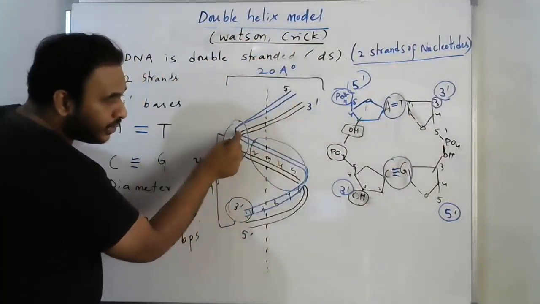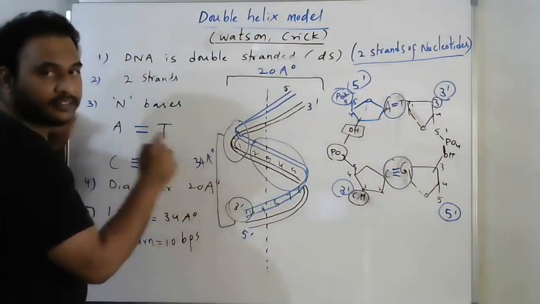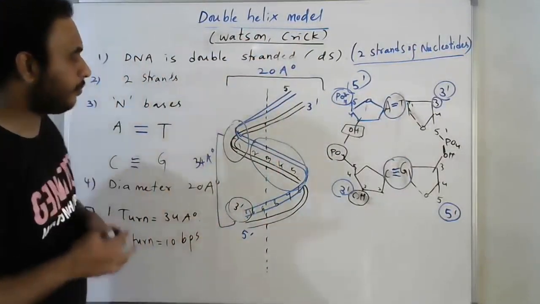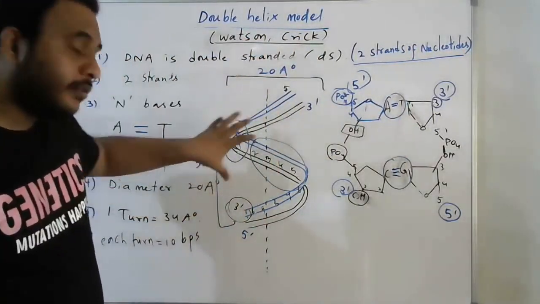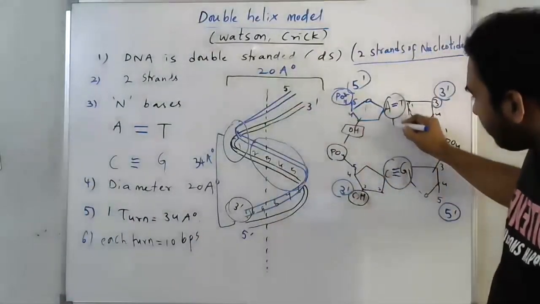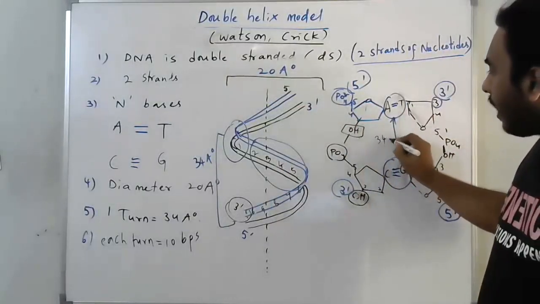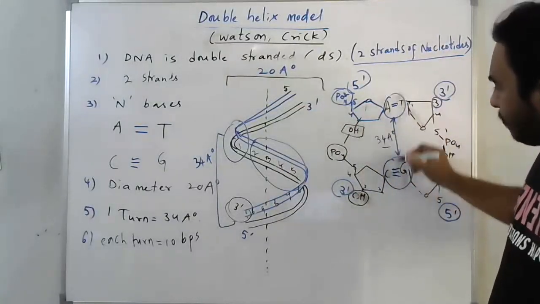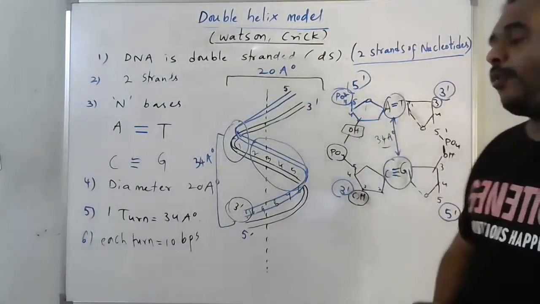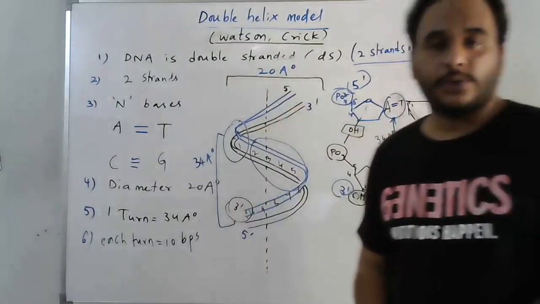One shallow groove to the next shallow groove is 34 angstroms. And between one base pair and the next base pair, one more point added here, it is 3.4 angstroms. So this is all about the structure of DNA.